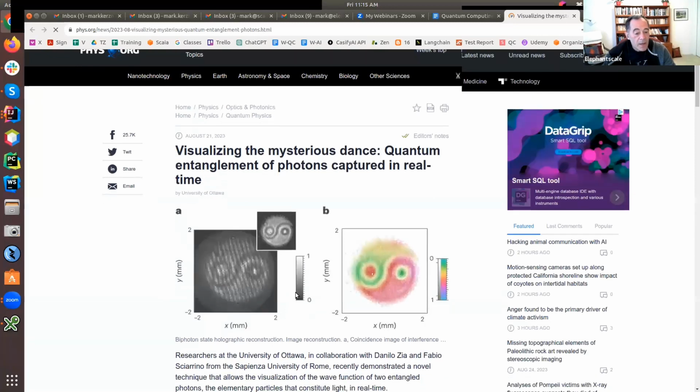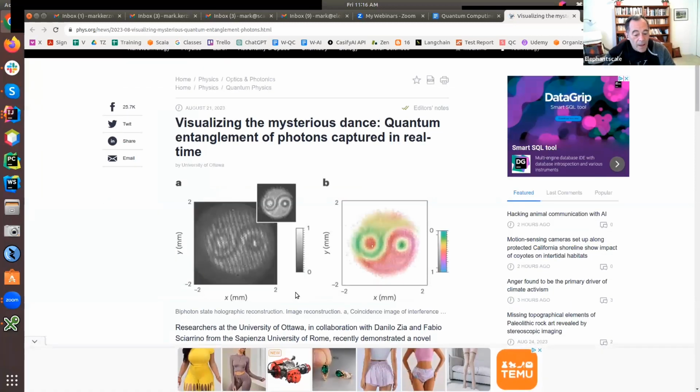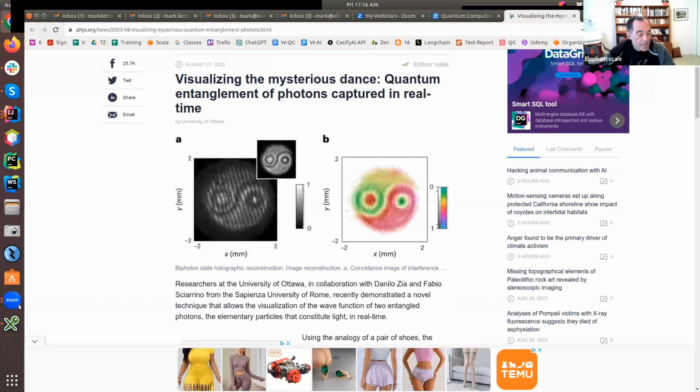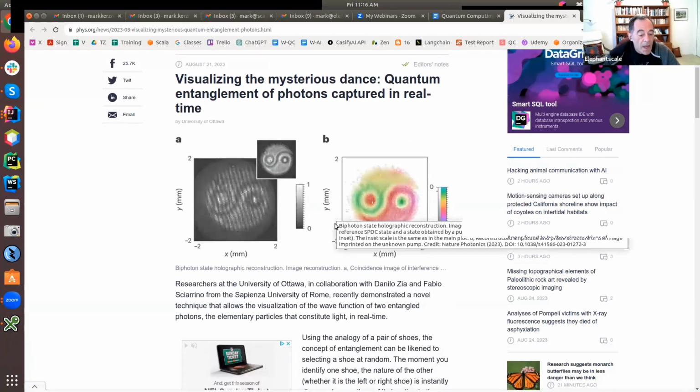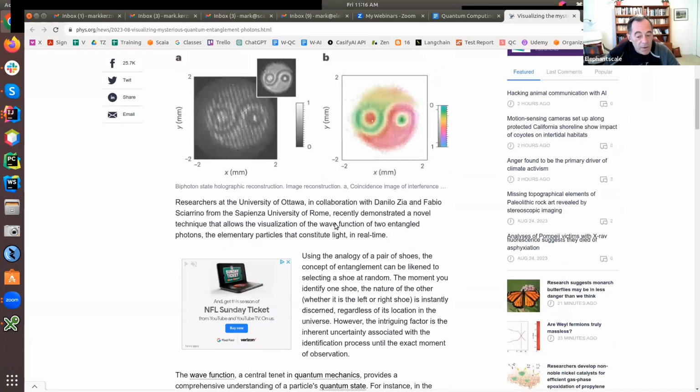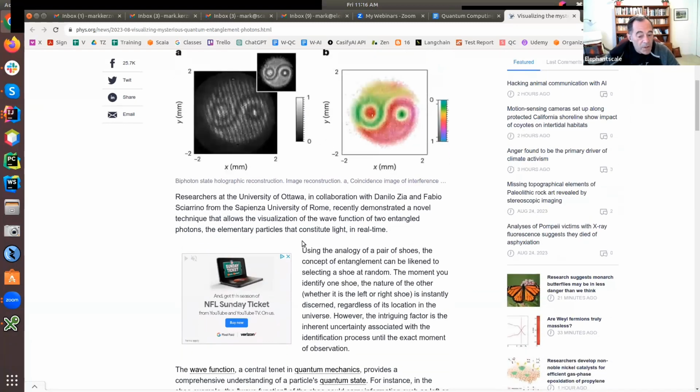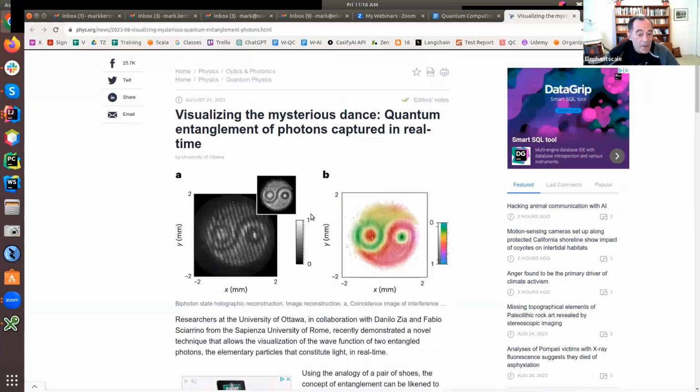What are the interesting news there? Visualizing a mysterious dance. Why don't I get pictures underneath? Researchers visualized a novel technique and they can see the particles.